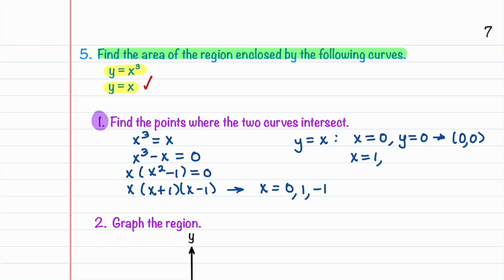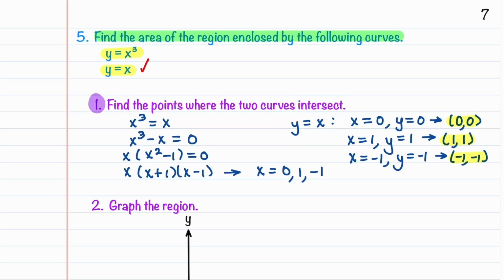When x is equal to 1, y is equal to 1. This gives us the point (1, 1). And when x is equal to minus 1, y is equal to minus 1, and we have the point (-1, -1). Let's highlight these because we're going to need to plot them in our next step.